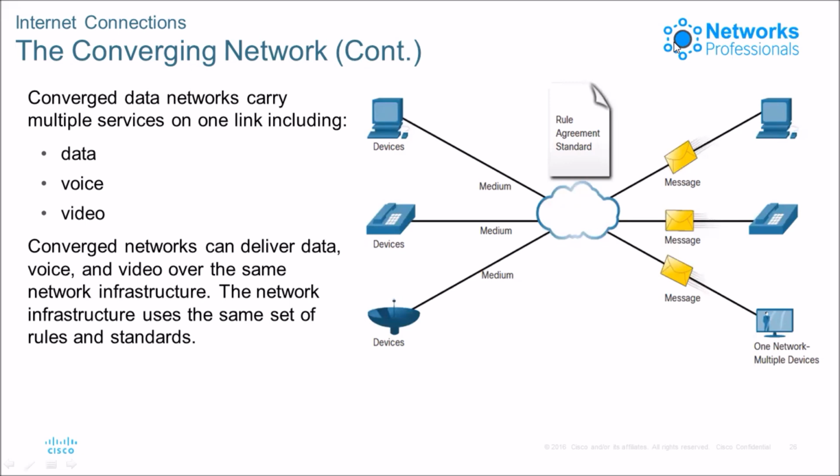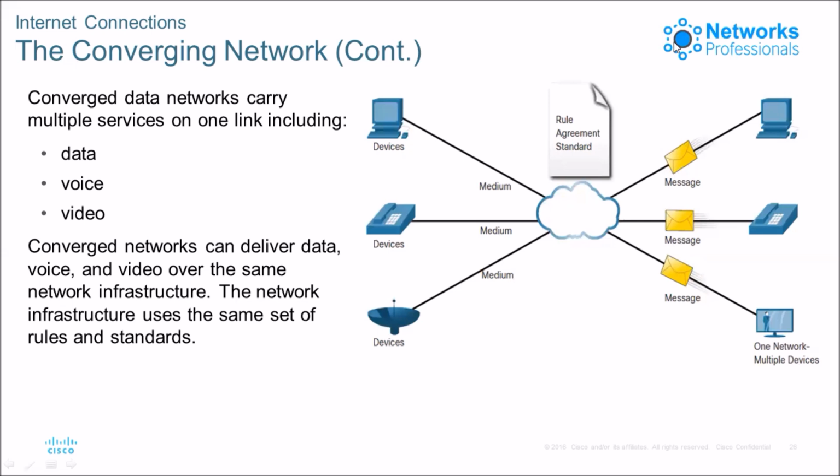In short, if you are using different infrastructure for the different types of services, such a network is known as an unconverged or non-converged network, and different devices or technologies cannot communicate with each other.